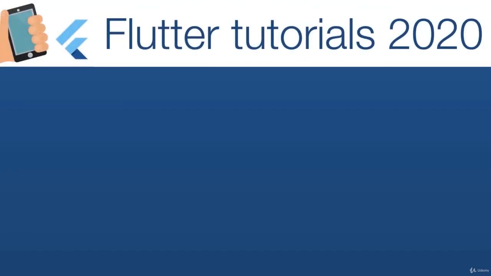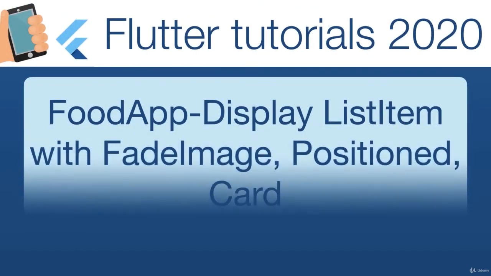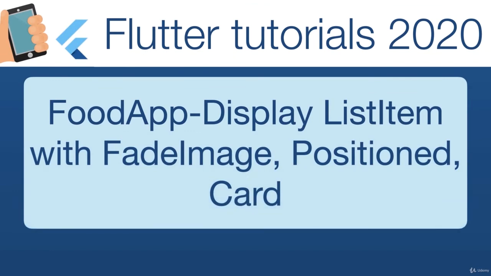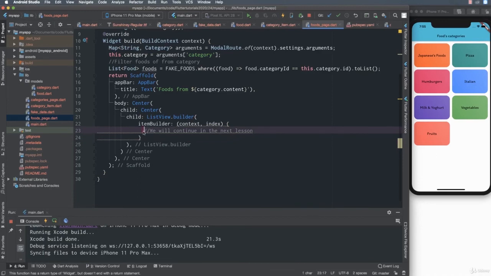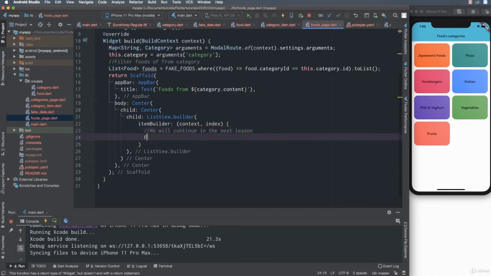Hello everybody. Today we continue with how to display a list item with a fetched image, with position, and with card. So we combine these widgets inside a list item. So firstly, in the list view, we define the list view using builder, and the itemBuilder is a function.